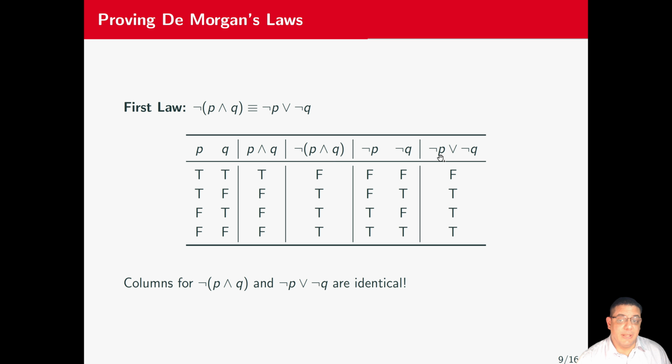And then we can build negation of P or negation of Q, which will take these values into account. So for example, false or false is going to be false, false or true, true, true or false, true, true or true, true. Now, notice that this column, negation of P and Q, has the same values as negation of P or negation of Q. So because these columns are identical, this is an equivalent statement.